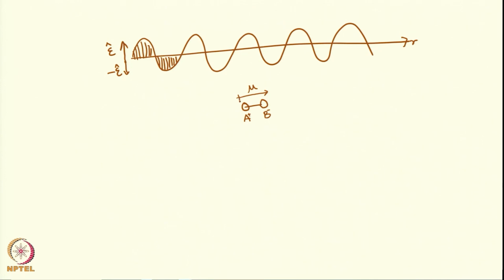So now you can see that the propagation direction is R and the dipole moment is along R. So now think of it like this: your light is propagating like that and your molecule AB is like that.